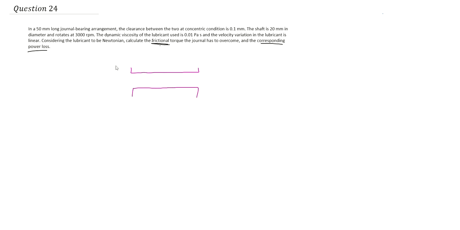Okay. So in this, there is a soffit here.